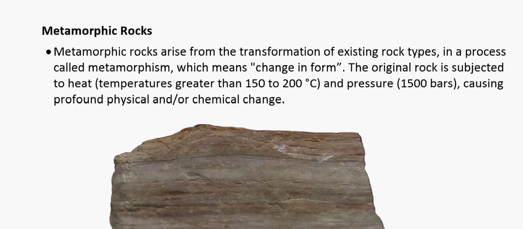How it is formed: the original rock is subjected to heat, a temperature which may be greater than 150 to 200 degrees Celsius, and pressure of about 1500 bars, that causes changes in the kind of rock it previously was. So it may go through physical or chemical changes, and that forms the metamorphic rock.